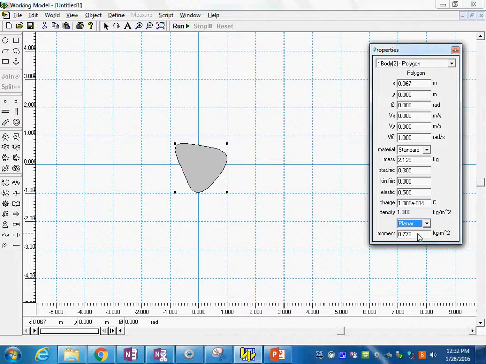So now that hopefully I have convinced you that this is not a CAD program, everything you see on the screen has properties, has dynamic properties.